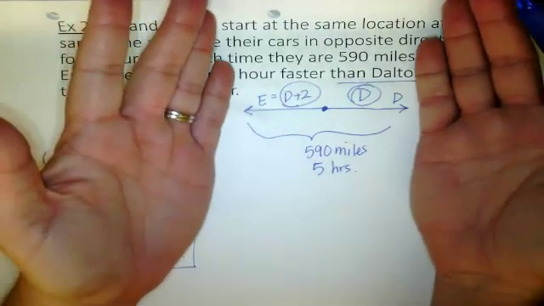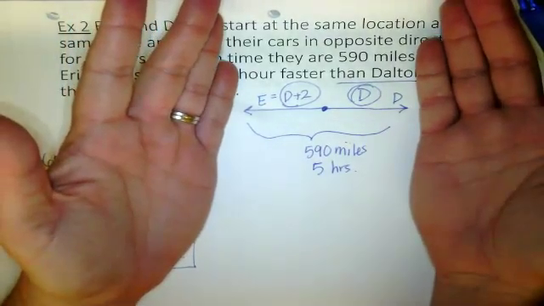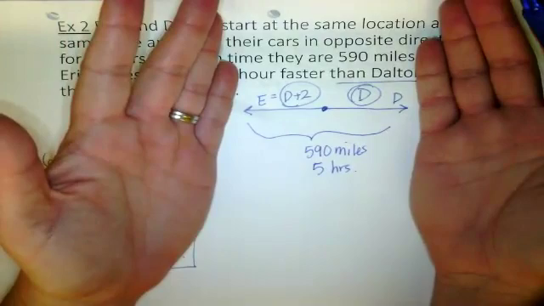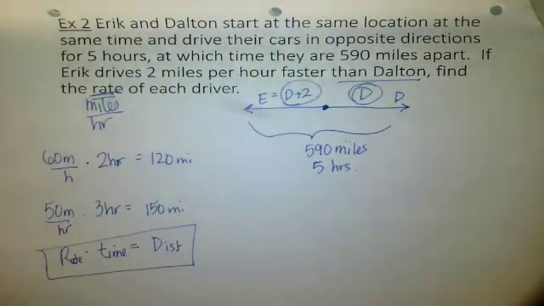Okay. So we have a total distance, right? What do you think we should do here? Is it multiplication?